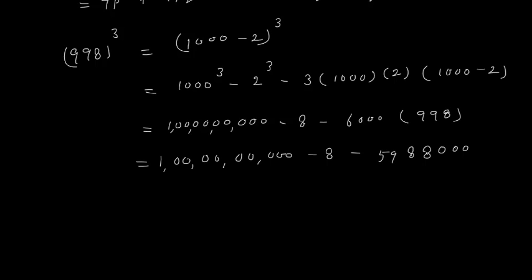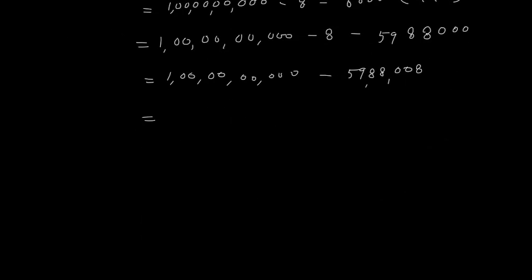Okay. So now I have to subtract 1000000000 minus this, which is 5988008. So now I will carry, and here the last number is 10, so 10 minus 8 is 2, then I have 9, 9 minus 8 is 1, 9 minus 8 is 1, then 9 minus 9 is 0, then 9 minus 5 is 4.